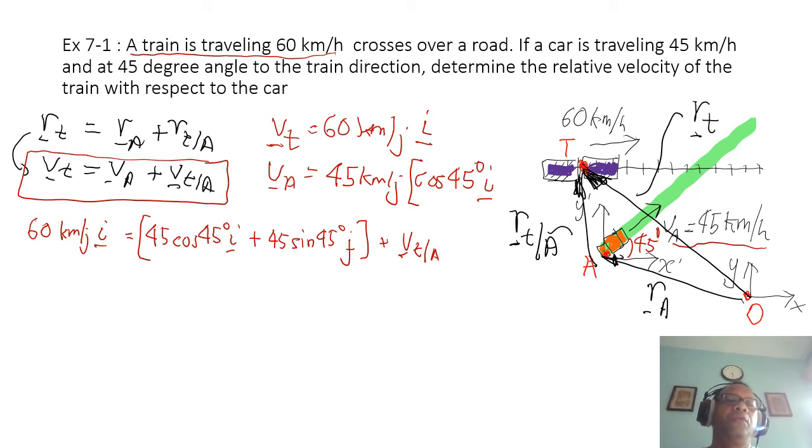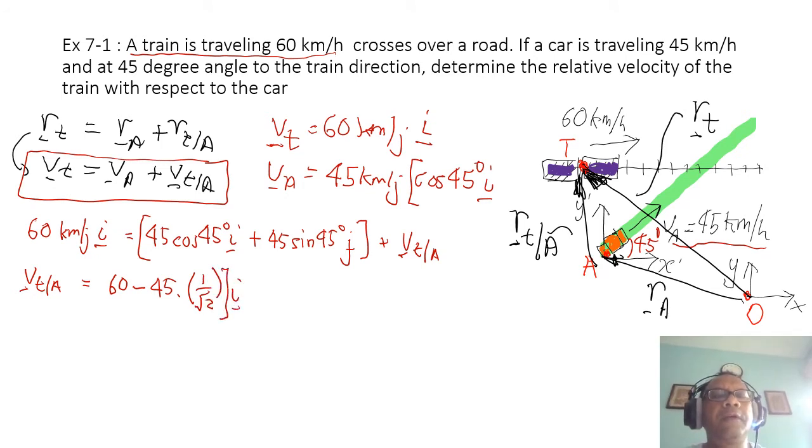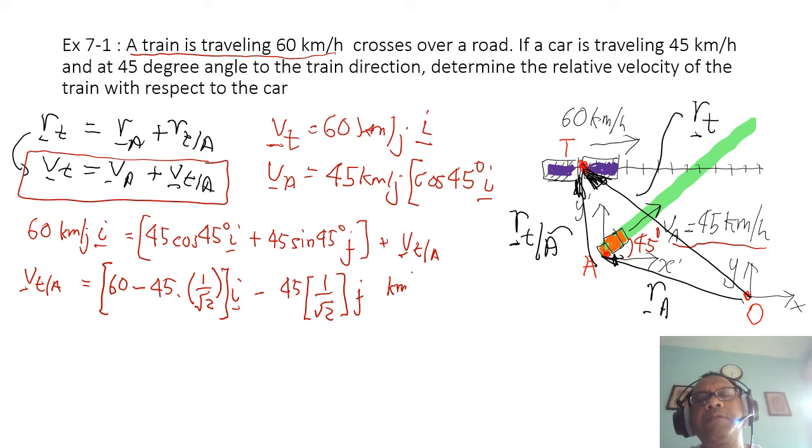So our Vt relative to A, the velocity of the train relative to A, can be defined as 60 minus 45 cos 45, which is 1 over root 2, I, and then minus 45 times 1 over root 2 J, and the unit is kilometer per hour.